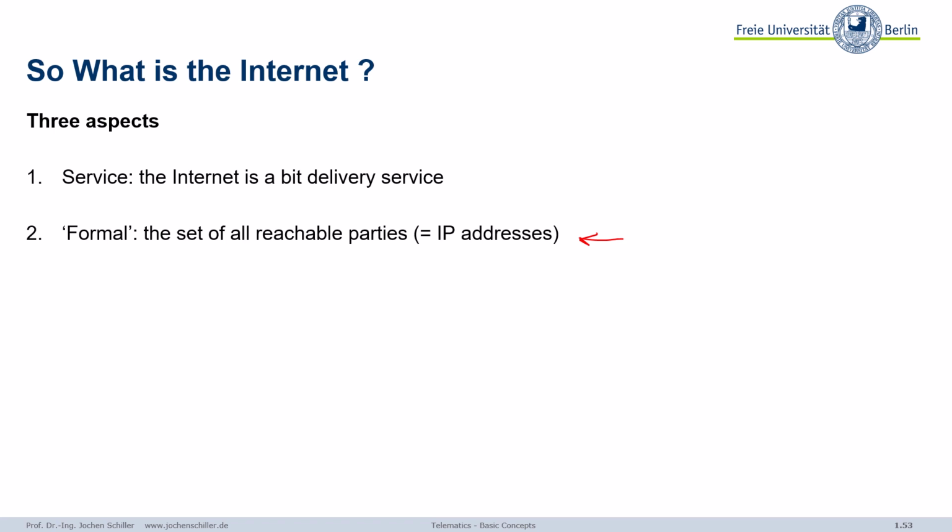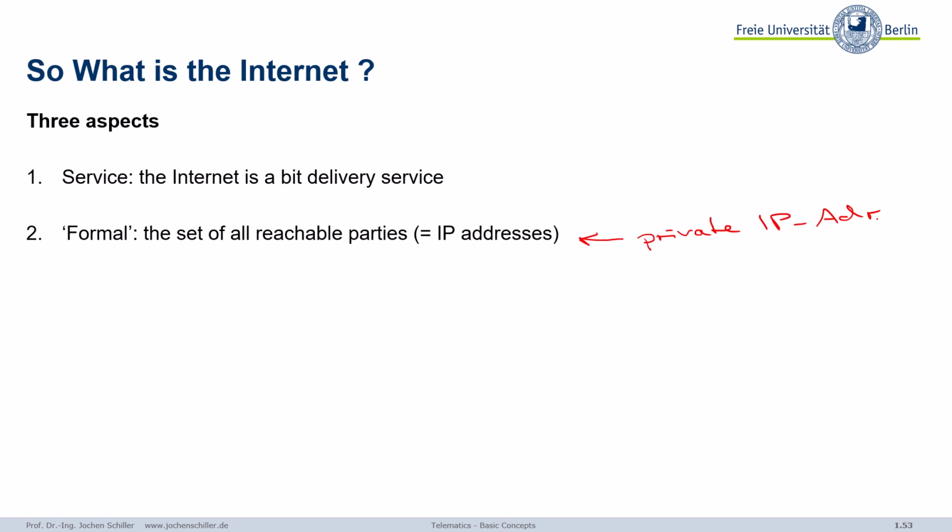But this is where also the discussion sometimes starts. What does reachable mean? What about so-called private IP addresses? Private IP addresses mean you have an address that is not reachable from the outside. Are you part of the internet? Well, if you're quite strict, then the answer is no, because you're not reachable. You can access the internet, but other computers cannot access you.